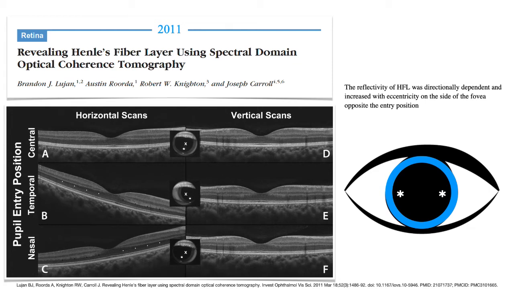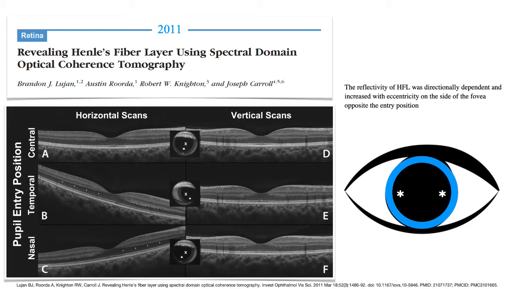That means that the entry position in the pupil of the incident light determines whether we are able or not to see the Henle fiber layer. As we see from this figure, we enter temporal to the pupil. If we enter temporal to the pupil, we see the hyperreflectivity of the Henle fiber layer nasally, so opposite to the entry side of our acquisition.